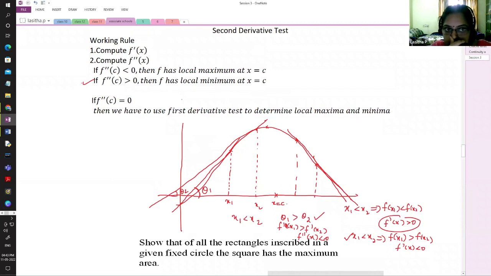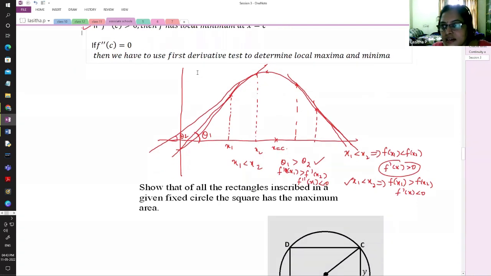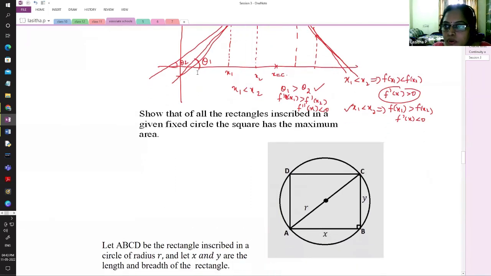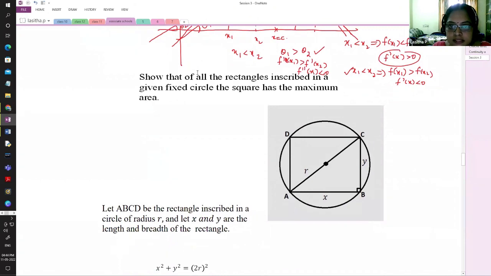When a minimum occurs, the second derivative will be greater than 0. In that way, if needed, we can give an explanation for that theorem. But it is not necessary, because in class 12 we are concentrating more on the problems only. But even then, it's a suggested idea.